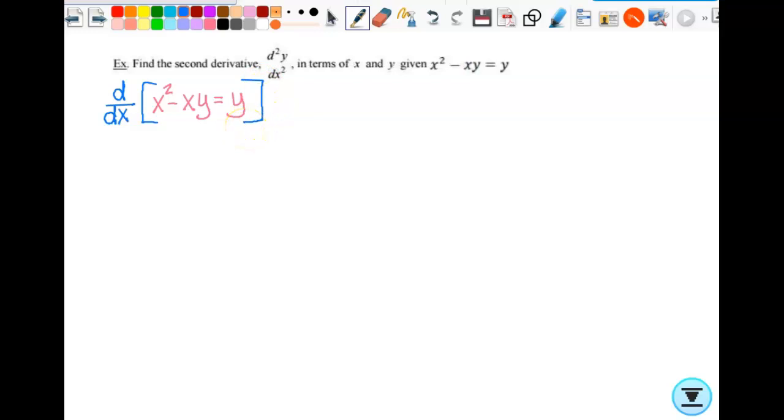Then you take your derivative. When you get your first derivative, let me check it before you move on, so we're not moving on with bad stuff.